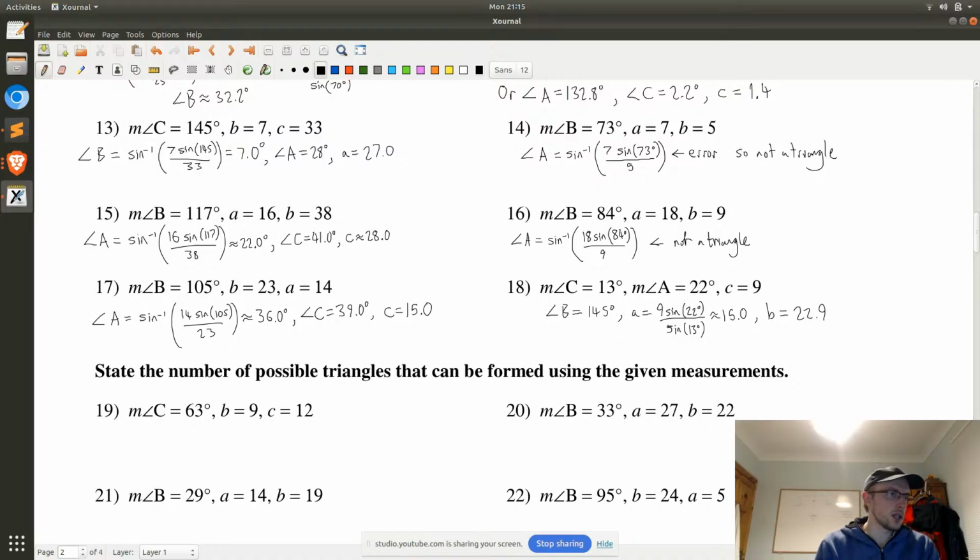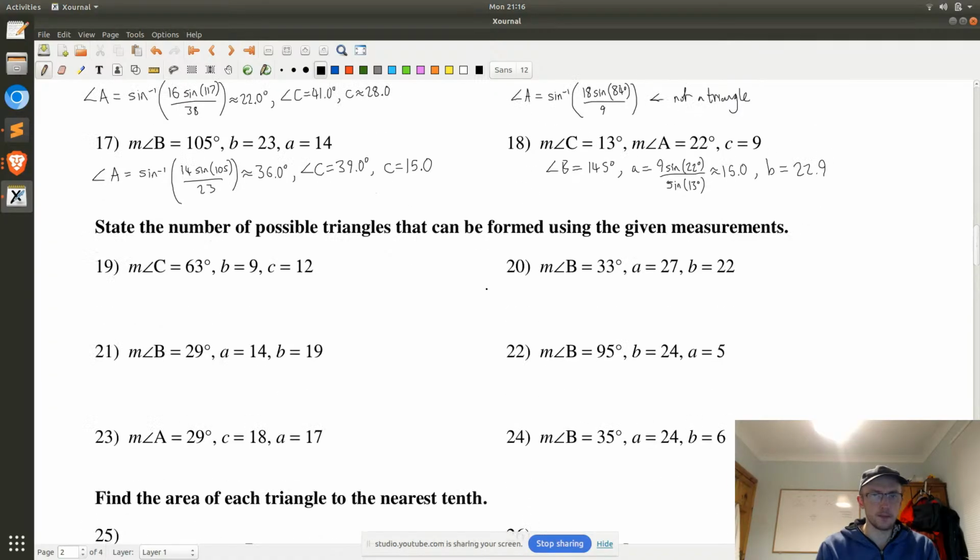All right. So I'll check these now. Yeah, these are all correct. All right. Okay, so I want an algorithm for this. Whatever this is, state the number of possible triangles that can be formed using the given measurements.